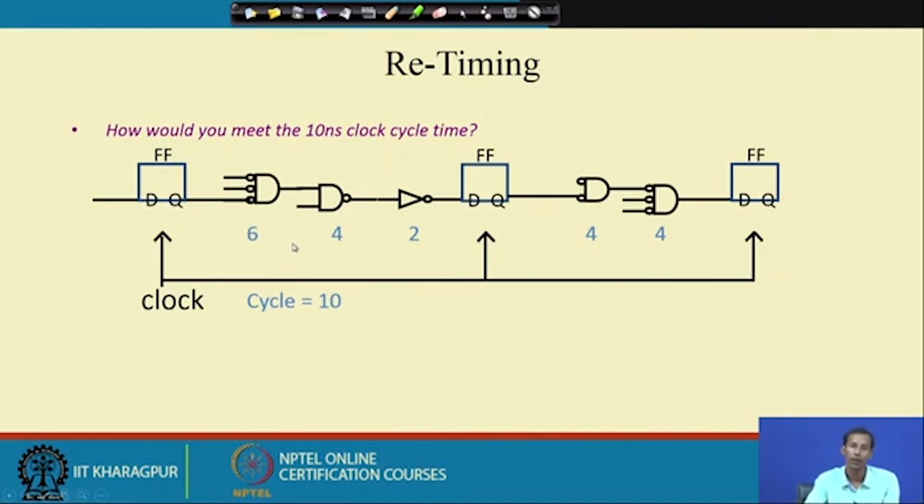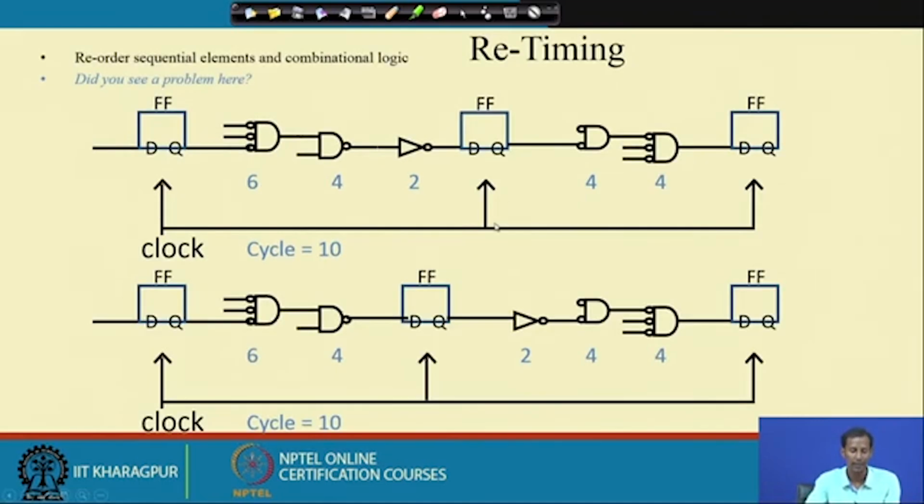So, what do I have to do? I have to use a technique named retiming. Here in this path it takes 6 plus 4 plus 2, that means 12, and in the other it has 4 plus 4.